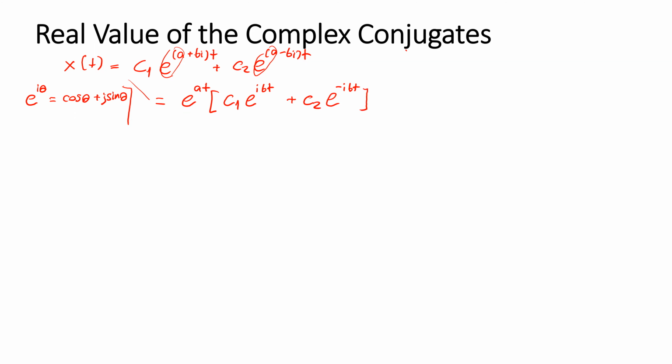By the Euler identity, we're going to have e power at and C1 multiplied by cosine bt plus j sine bt, and C2 will be cosine of minus bt and j sine of minus bt.